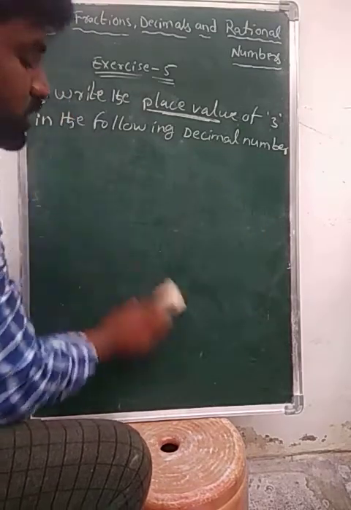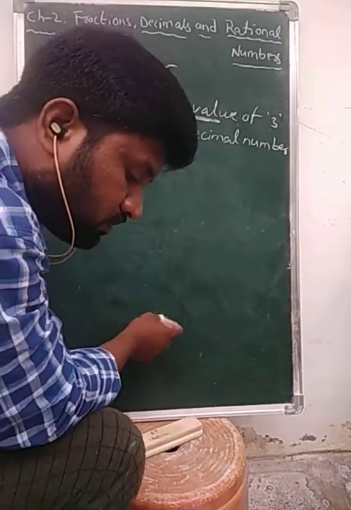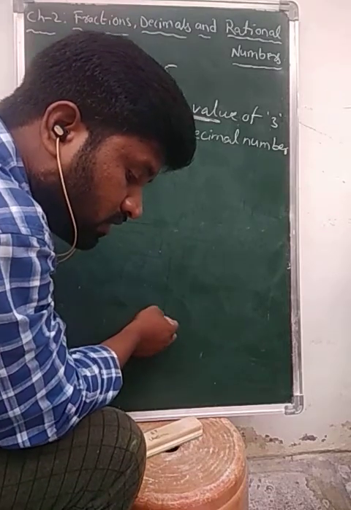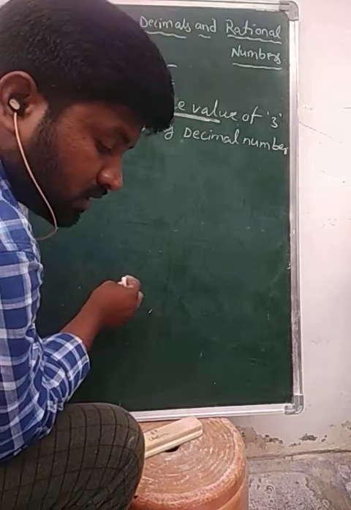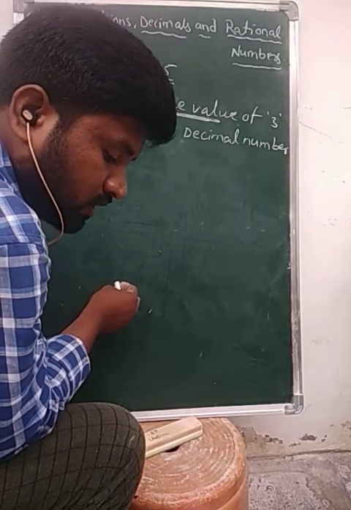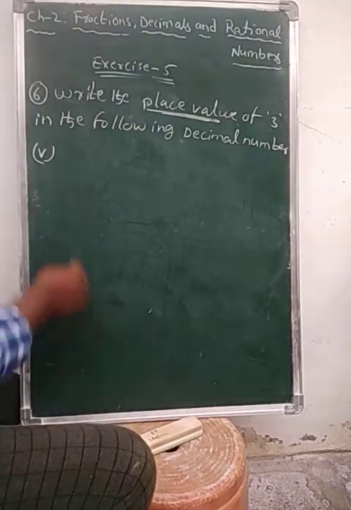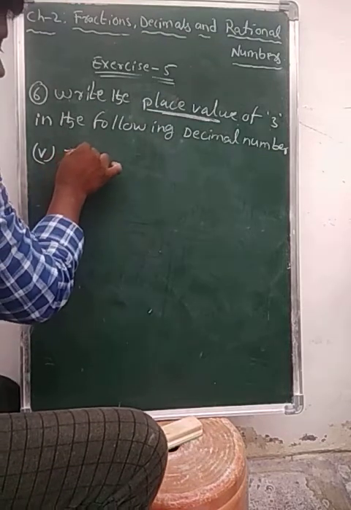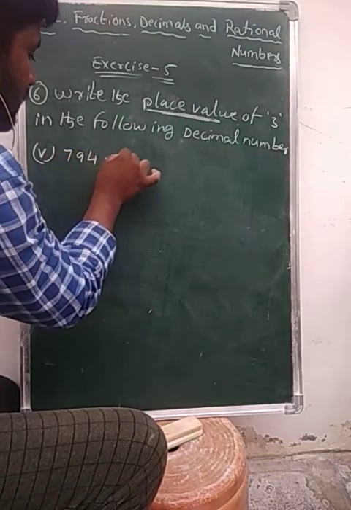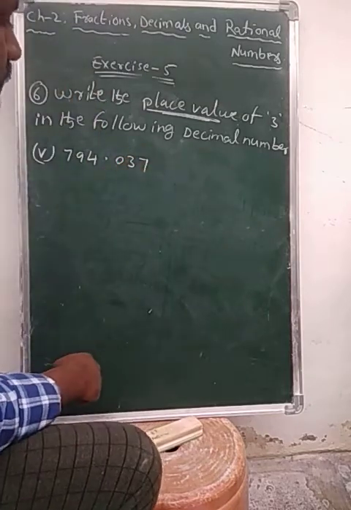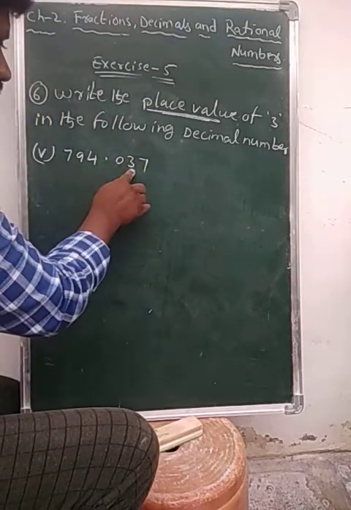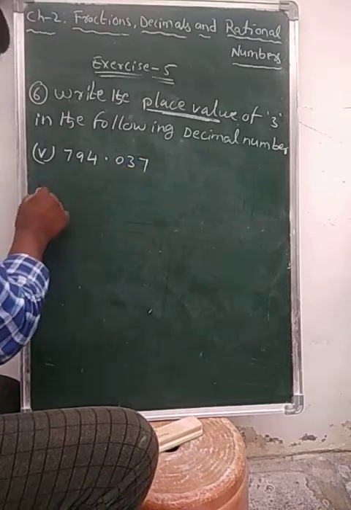Now see one more question based on this model, that is question number 5: 794.037. So this is the question. What is the place value of 3?